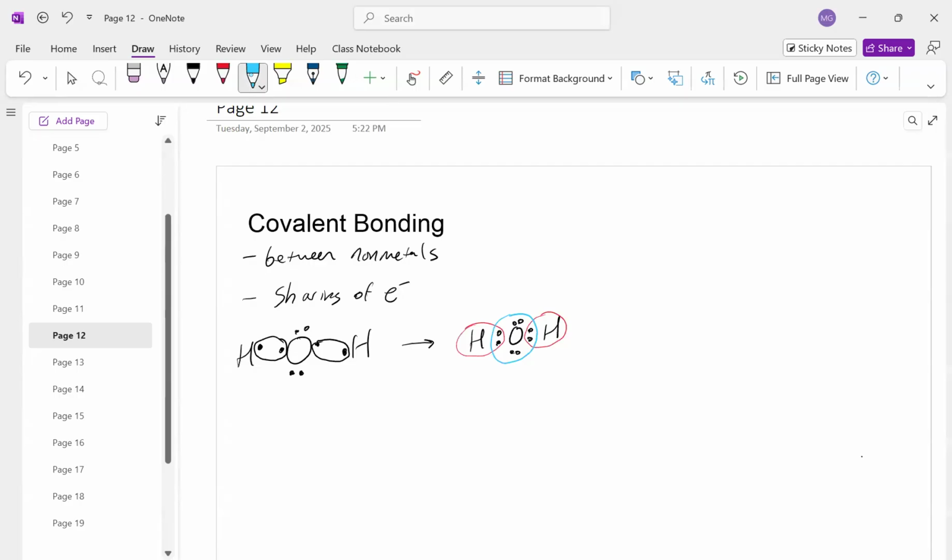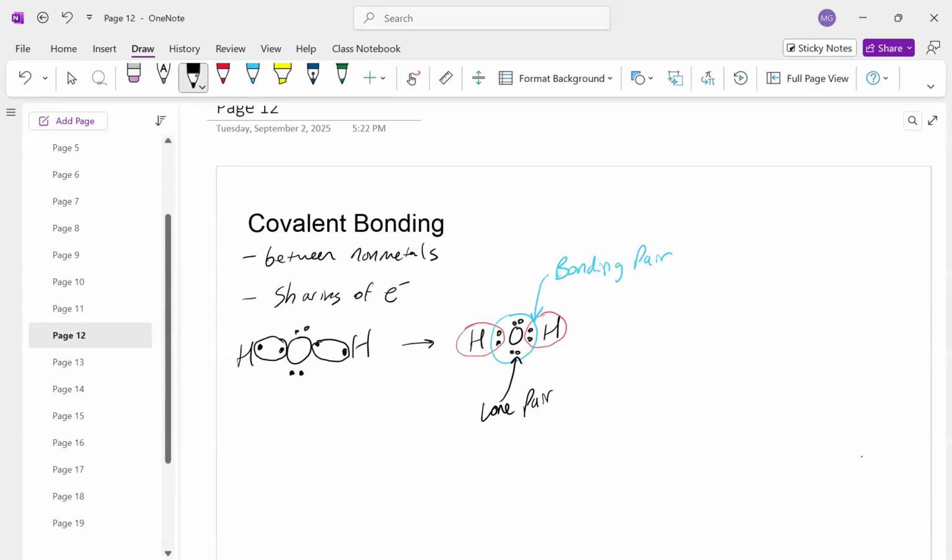And it's okay that we're double dipping between oxygen and hydrogen. So these two electrons being shared here count for both the hydrogen and the oxygen. And we call this a bonding pair. And then these non-bonding electrons, we call them lone pairs.